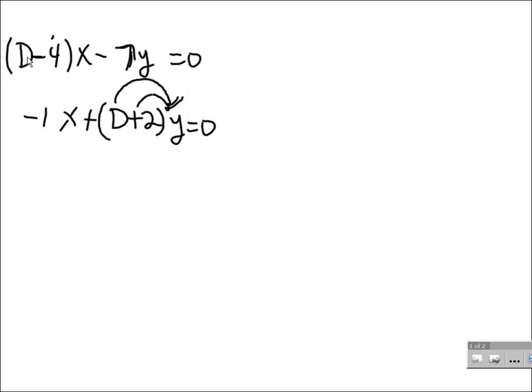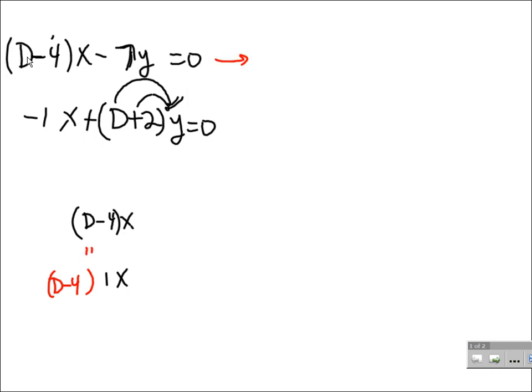Now, we're going to do it just like we did before in high school algebra, except the coefficients of x and y are not real numbers. They're differential operators. But nonetheless, we do it the same way. If you have D minus 4 on x and you have 1x, well, if I just multiply this by D minus 4, then these two will be equal.